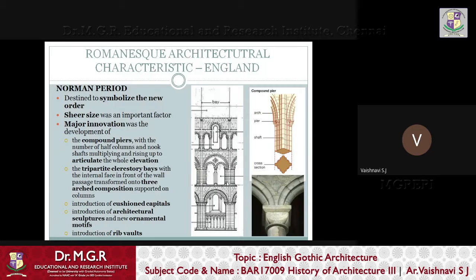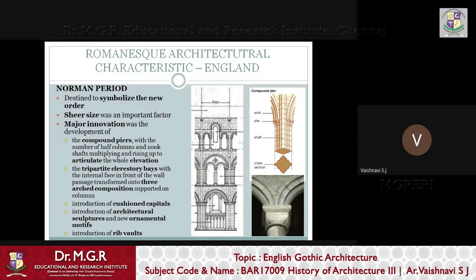You can see they had all these partitions which were given here. This is called the tripartite clerestory base, where the portion has been divided into three parts. And the interior face of the wall passage transformed into a three-arched composition, which is supported by columns.